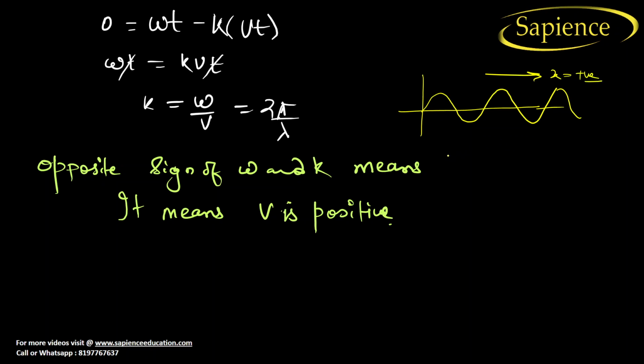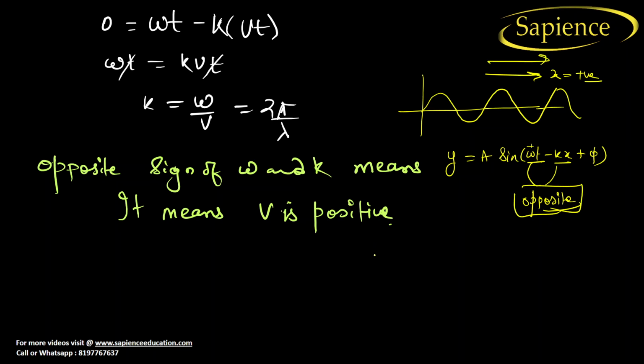So the equation will be y is equal to a sine (omega t minus kx plus phi). So where the signs of these two are opposite, that is one is negative and another is positive, finally the wave will move in positive direction of x-axis.